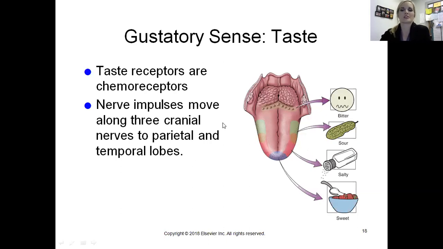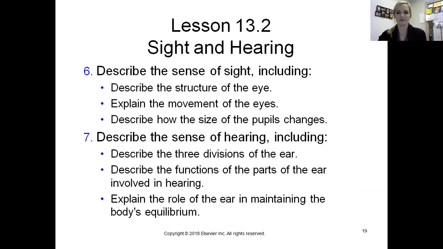All right, and then this just shows you our different taste sensations that we can pick up on: bitter, sour, salty, sweet, and then some will also add in the savory taste, or what sometimes people call umami. If you have ever heard of that particular taste, it's very similar to savory.